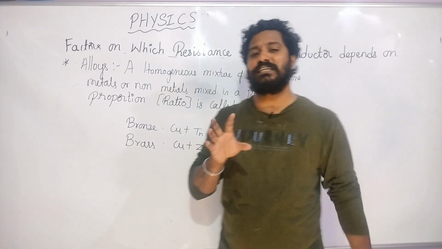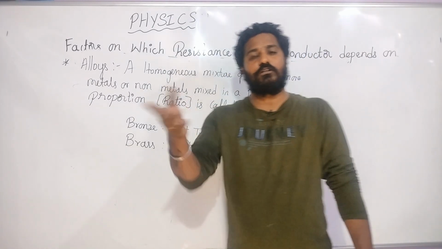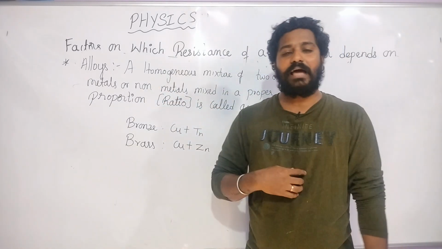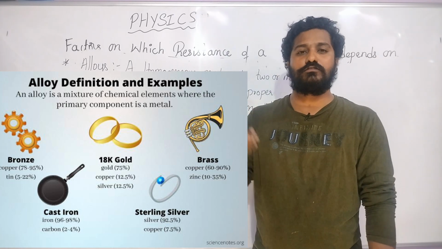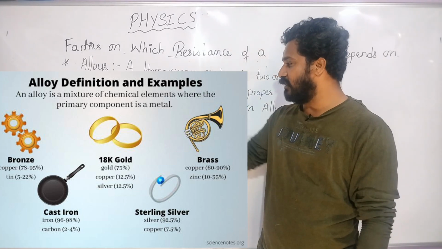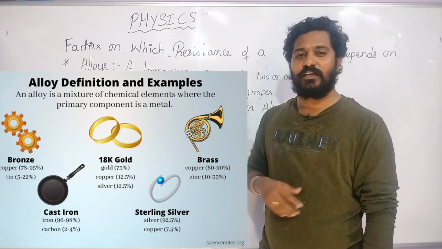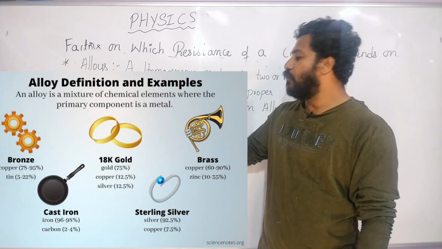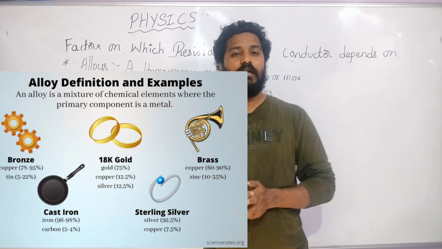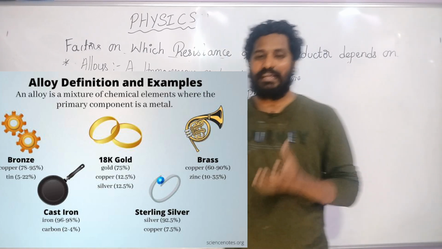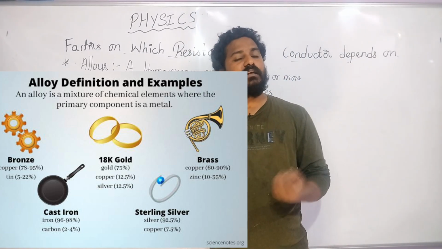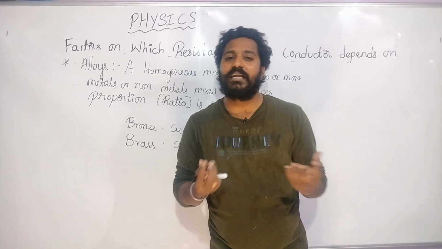Bronze, you have already seen, right? Paris Olympics is going to happen from June 26, and you can see that third place is given a bronze. So how is bronze made? They will take copper and tin and heat them up to their melting point.